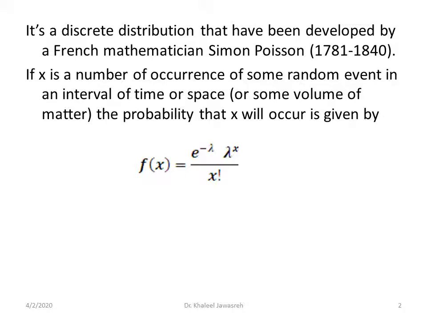This formula is the Poisson distribution, which gives us the probability of occurrence of x: f(x) equals e to the power of minus lambda, times lambda to the power of x, over x factorial. And we know from the previous chapter how to deal with x factorial and the theory behind this formula.